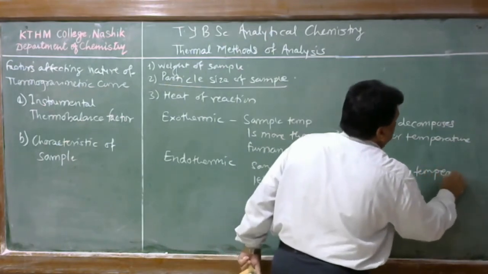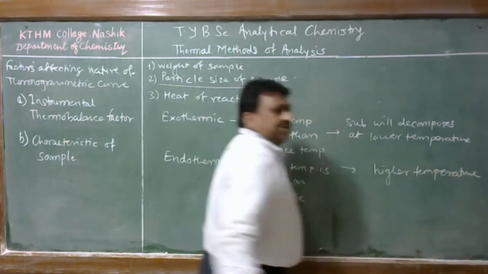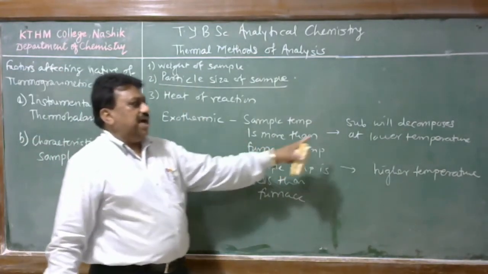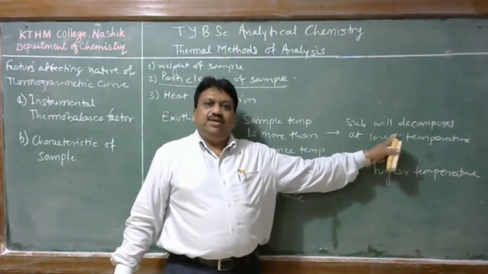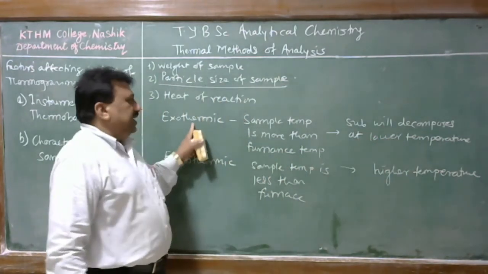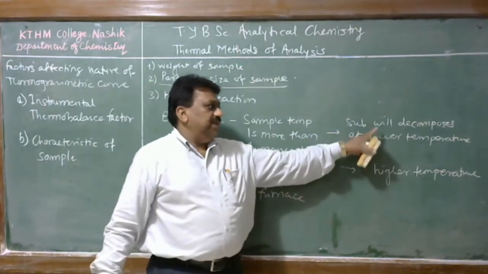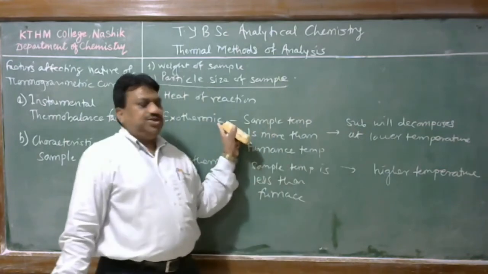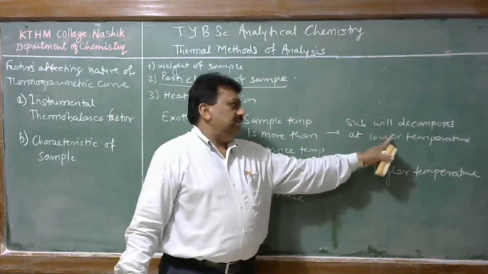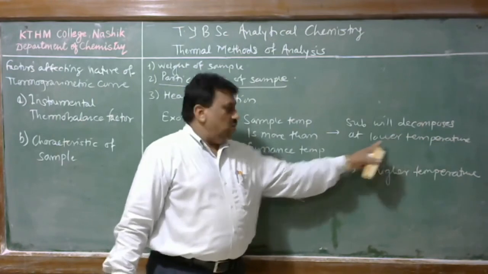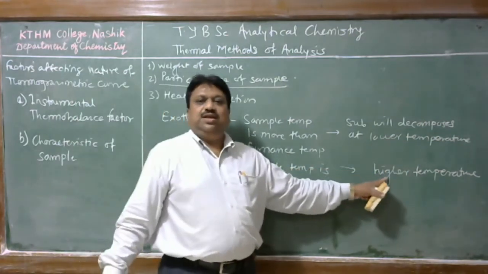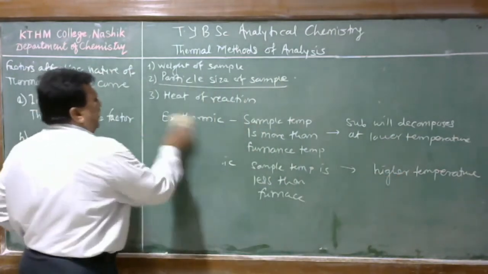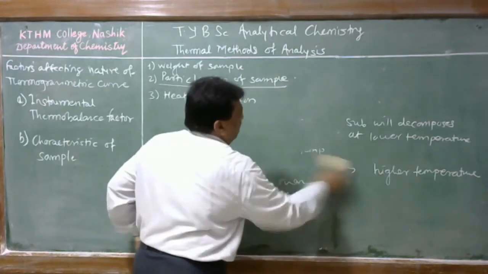That means exothermic and endothermic reactions also affect the nature of the thermogravimetric curve as well as the decomposition temperature of the substance. An exothermic reaction gives a low decomposition temperature, while an endothermic reaction gives a higher decomposition temperature. Therefore, heat of reaction also affects the nature of the thermogram.